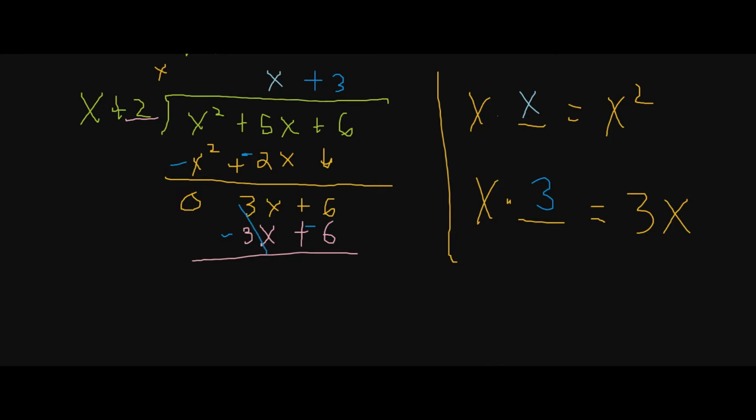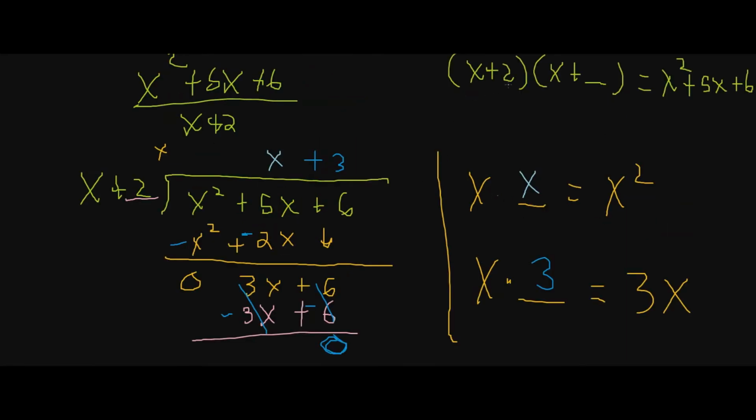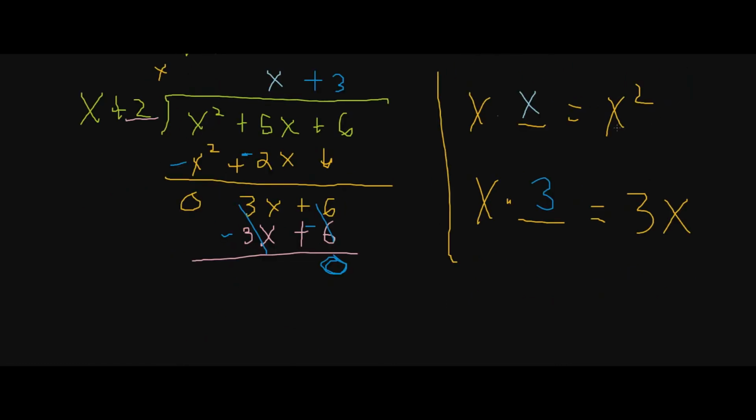And 6 minus 6, this is gone. So we get a remainder of 0, which is great. Essentially, we did long division because we were trying to figure out x plus 2 times what gives you that expression. Well, we can conclude then that x plus 2 times x plus 3 is going to give me x squared plus 5x plus 6.